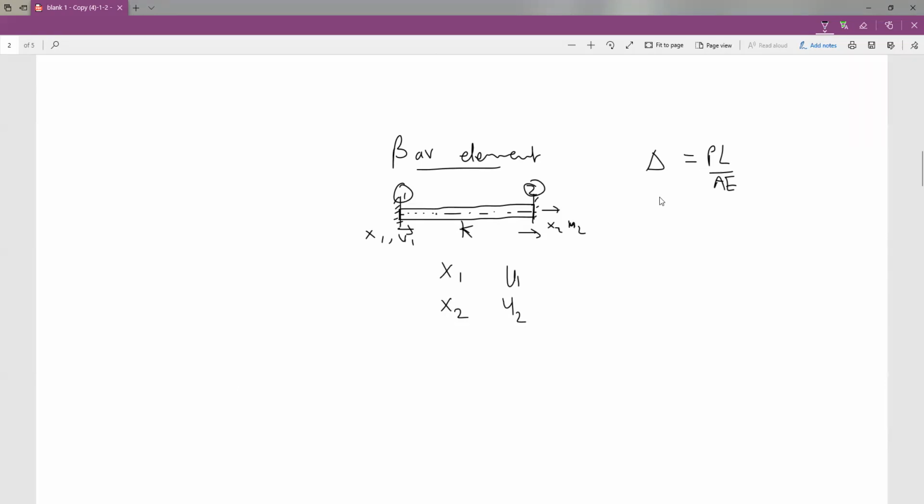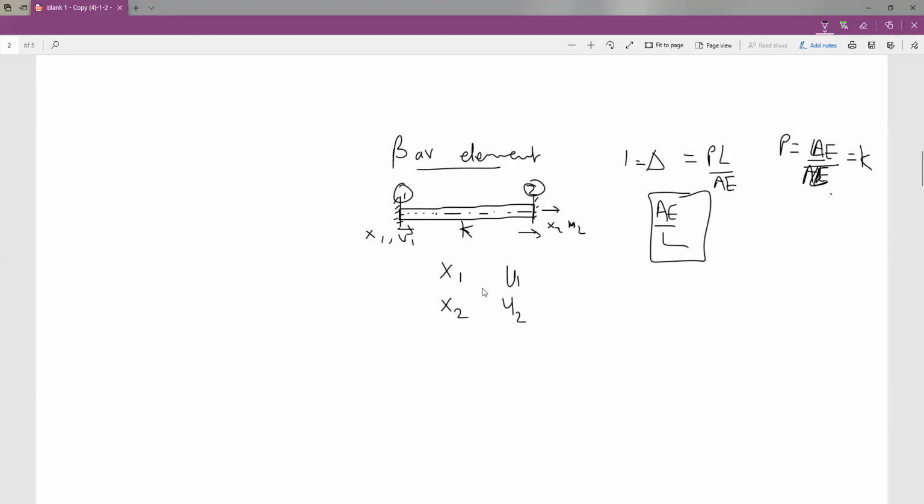So the stiffness for the axially loaded member will be AE by L. If we put delta equal to 1, whatever force we get is nothing but the stiffness, AE by L. P is equal to AE by L delta, where AE by L is your stiffness, that is K. So instead of K we will be substituting AE by L. But the rest of the things will remain as it is.